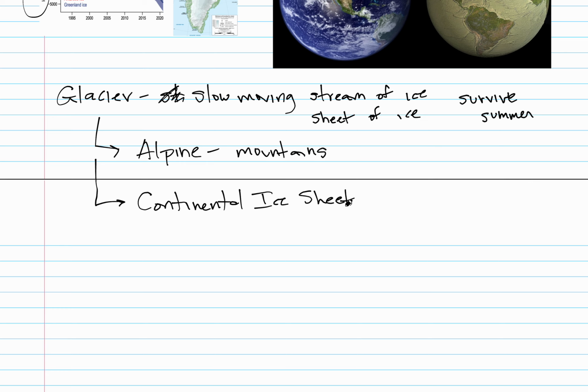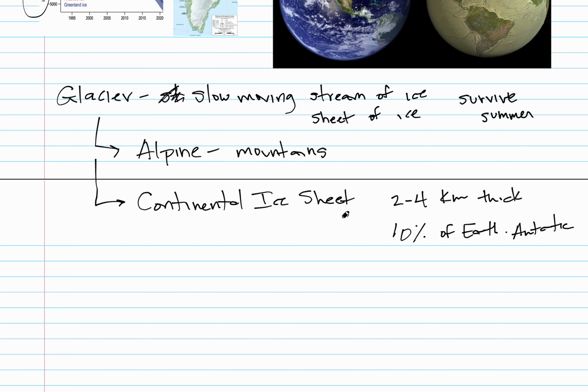These are the big ones. These are the ones that are 2 to 4 kilometers thick, and they sit on Greenland, and then one sits on Antarctica. The one in Antarctica in particular covers 10% of Earth.